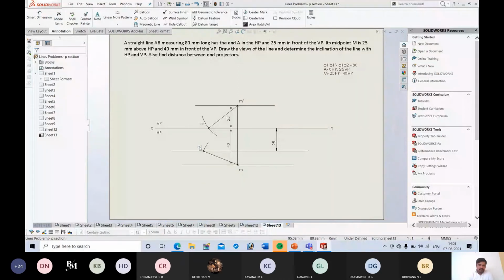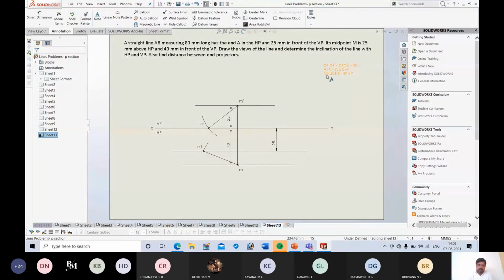Next, after this, now I know true length. I should get the view. Length of the view is not given, even false inclination is not given. So now I know the true length, I should get the view. For that the procedure is same as the previous problem.